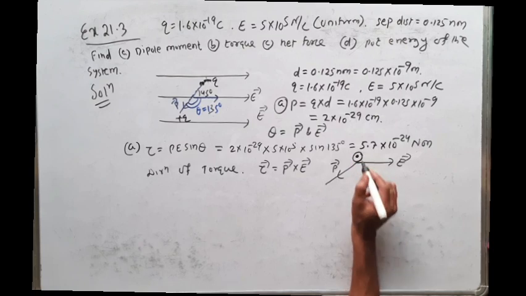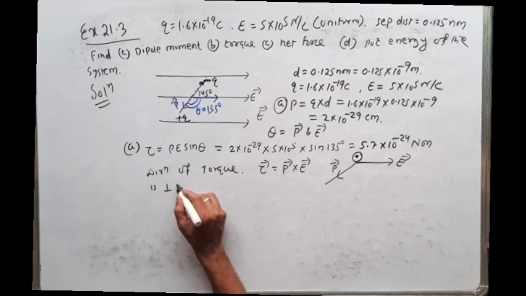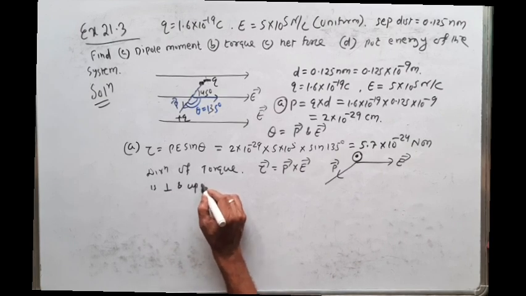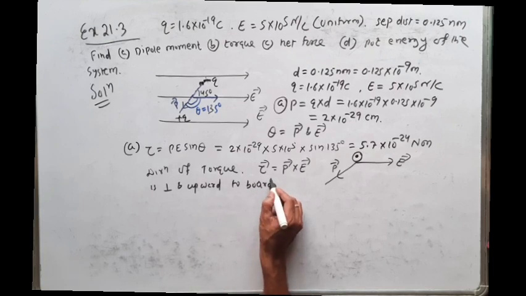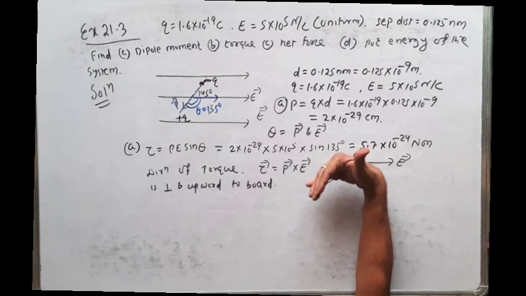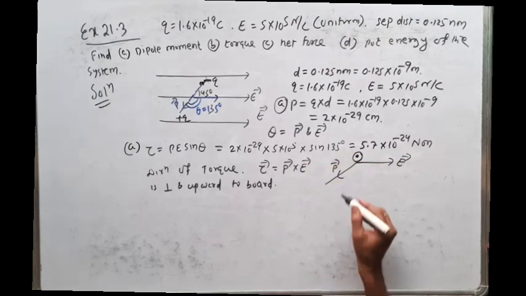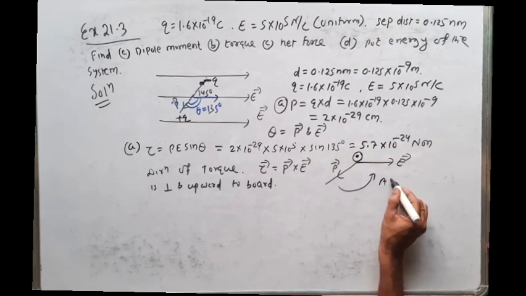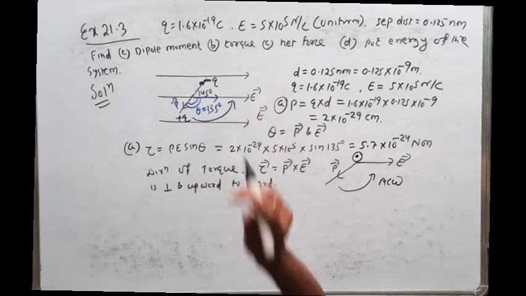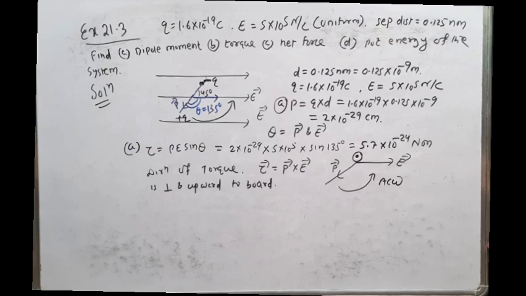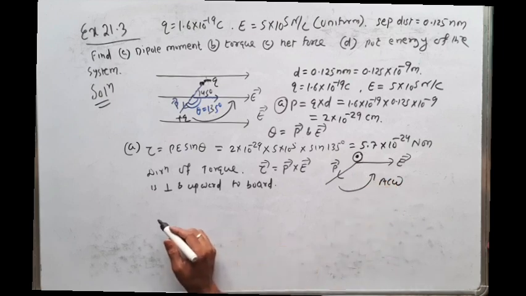Upward. Upward means it is represented by dot. So direction of torque is perpendicular and upward to board. And if the direction is upward, that means the dipole will rotate in which direction? Dipole will rotate in anti-clockwise direction. So here dipole will try to rotate in anti-clockwise direction, because the direction of the torque is upward and perpendicular to the board.